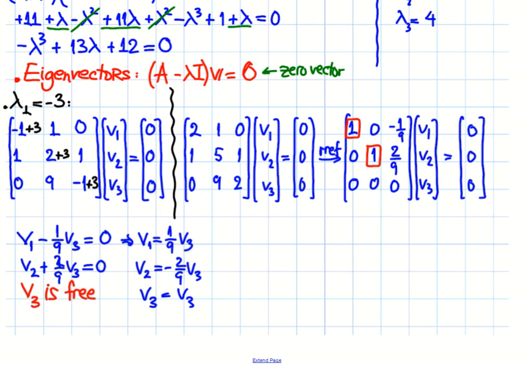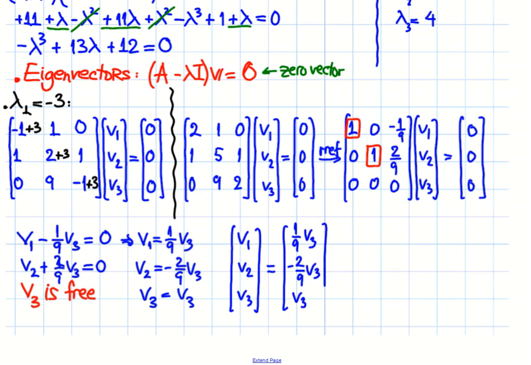Right. Or if we put it in matrix form, we have 1 over 9 V3, negative 2 over 9 V3, and V3 here. I write a little more steps than it should. So we factor out V3, and we have 1 over 9, negative 2 over 9, and 1.